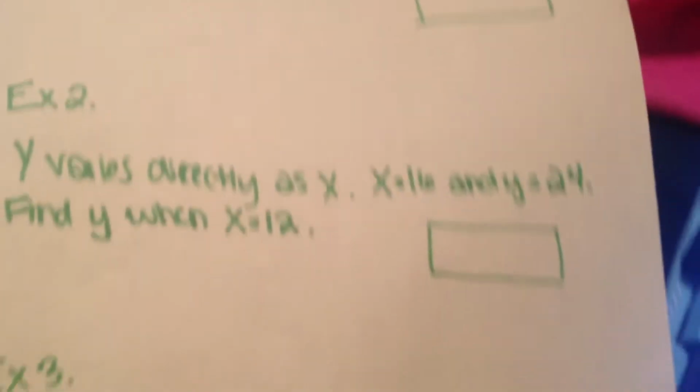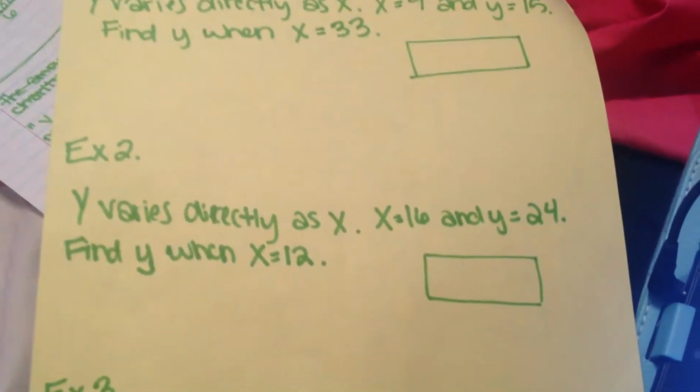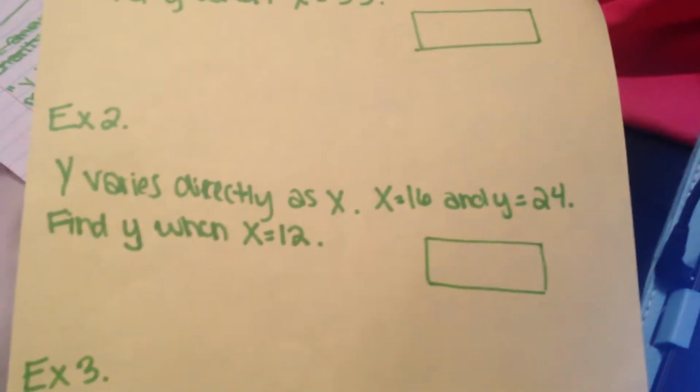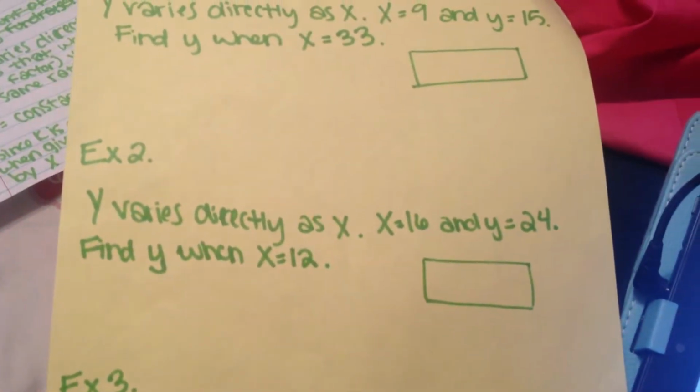So we can come back, and I have another problem. It says y varies directly as x. Again, both of them are going to increase. x equals 16 and y equals 24. So I'm going to finish erasing this, and then we can set that up.